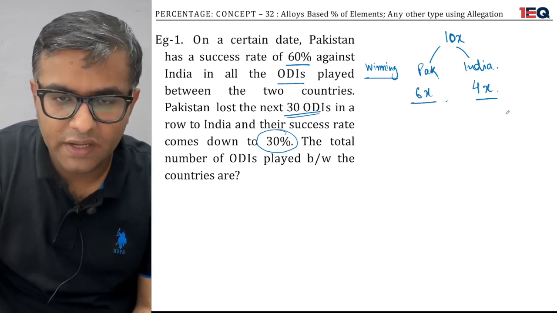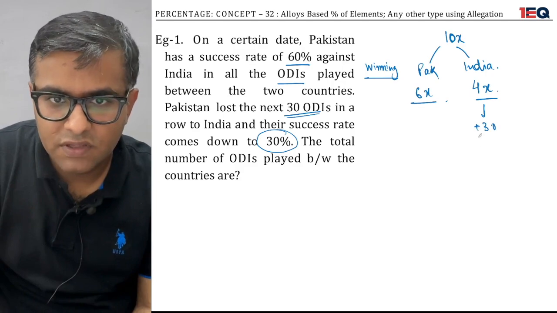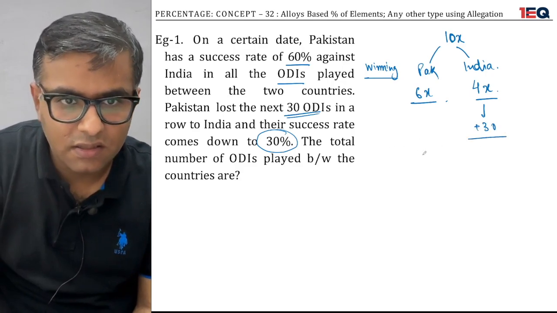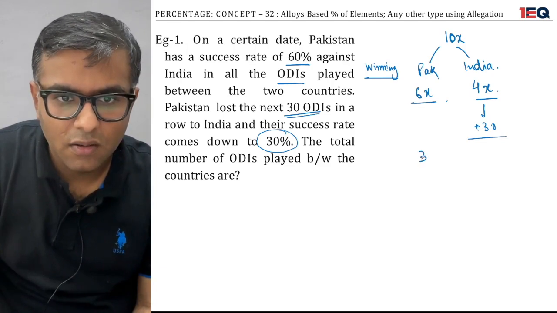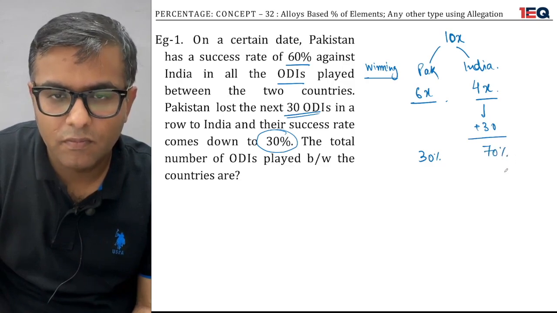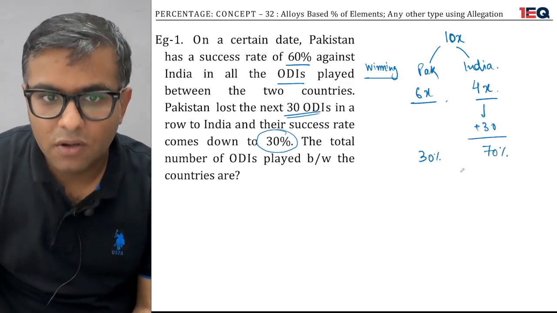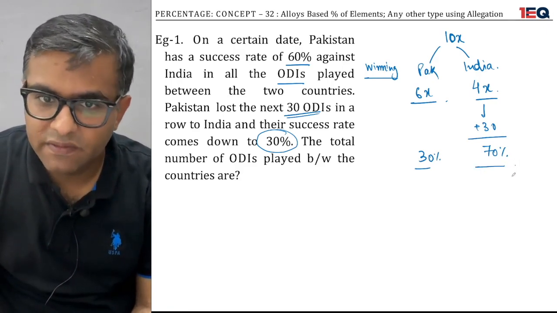Now there were 30 more matches, and this dropped their success rate to 30%, and the chances of India to win became 70%.